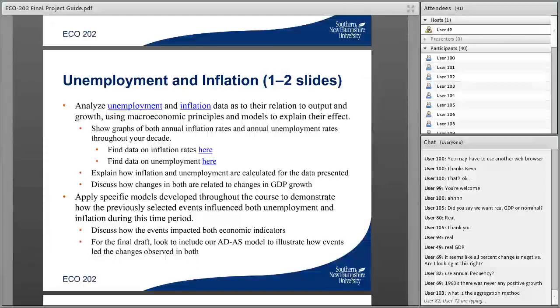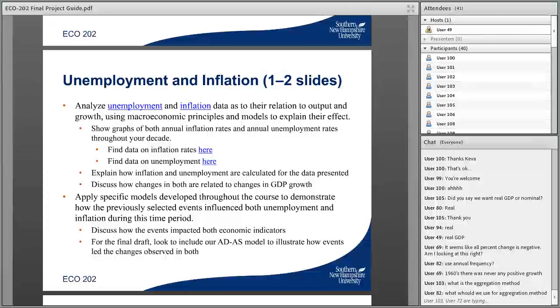In the 1960s, there was never any positive growth. Let me look at that, because I'm not sure that looks quite right. Growth in the 1960s. Let me see. I think there was some growth in the 1960s.